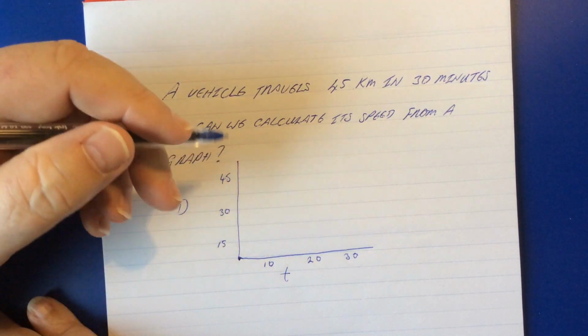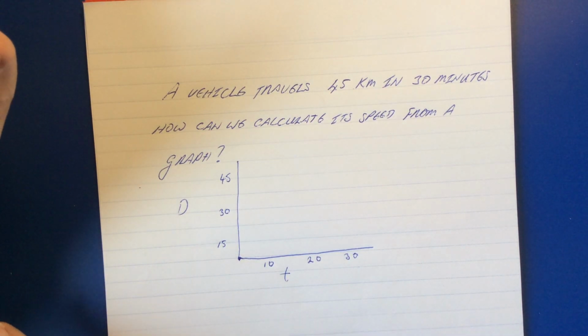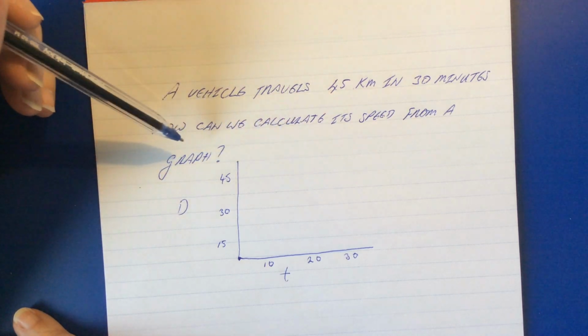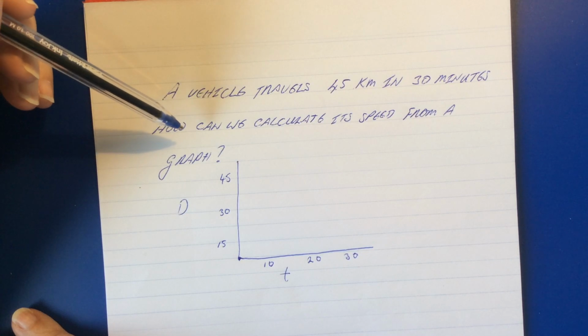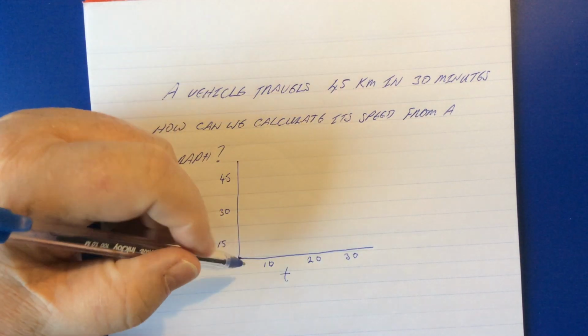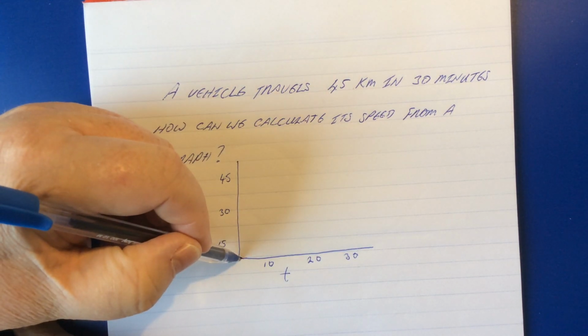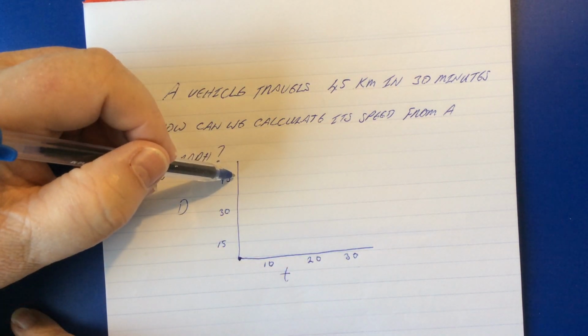So we're going to assume two things. One is that we have a constant speed because we have no other information. The other thing is that we're going to assume that the car or the vehicle starts here at 0 and runs for 30 minutes and travels 45 kilometers.